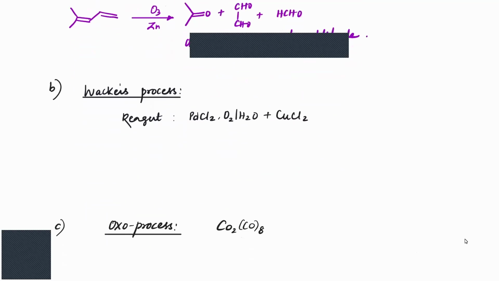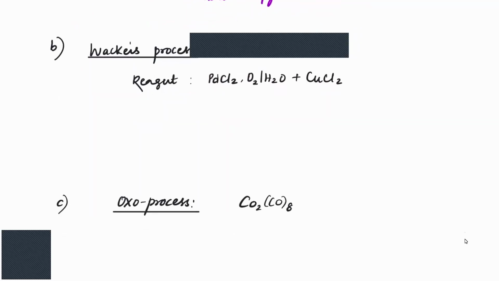The other way of preparing aldehydes and ketones is via Wacker's process. The reagent used is palladium chloride, and we use air with some moisture, adding CuCl2. A clear mechanism has never been suggested, but the idea is like this. So we have CH2=CH2, any alkene.